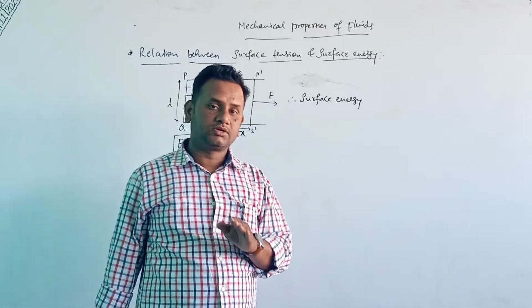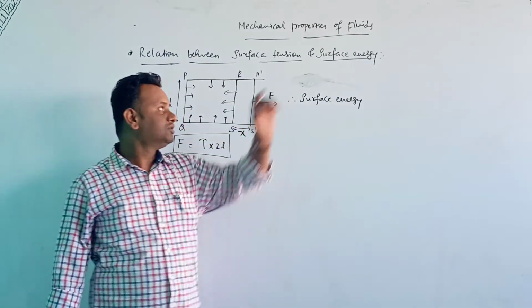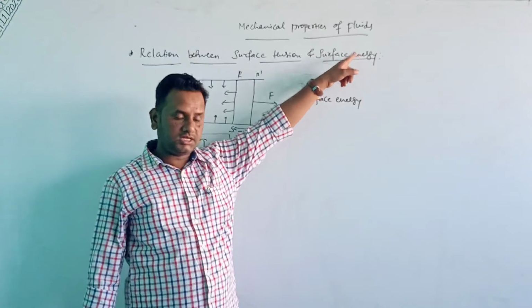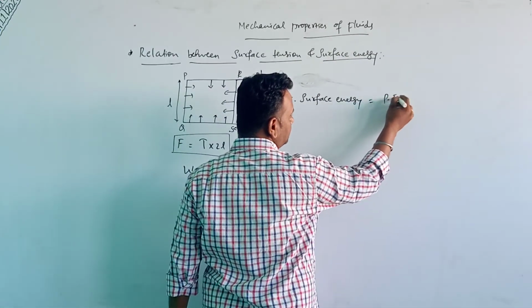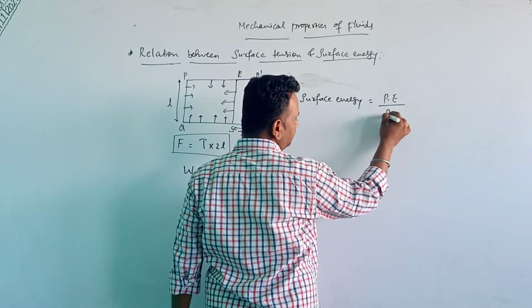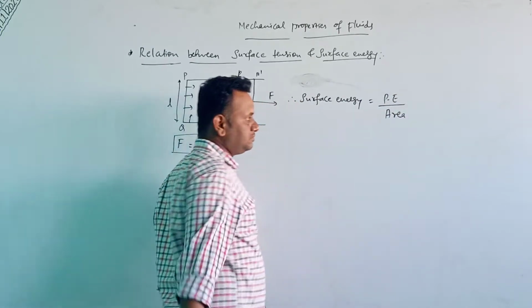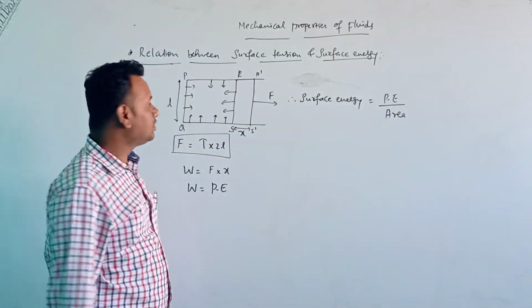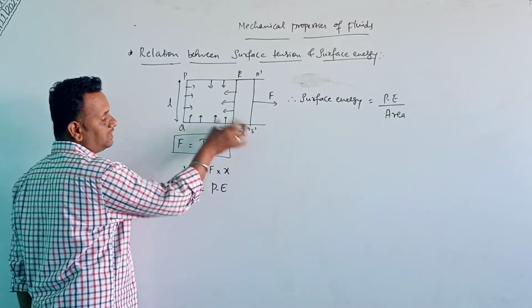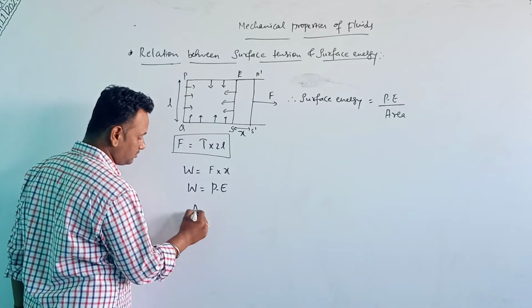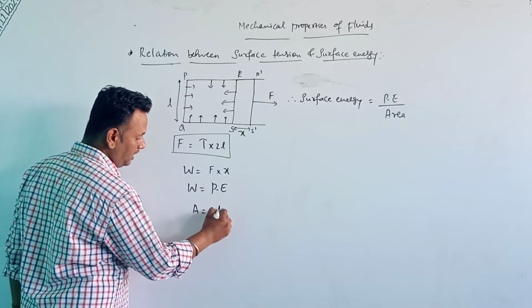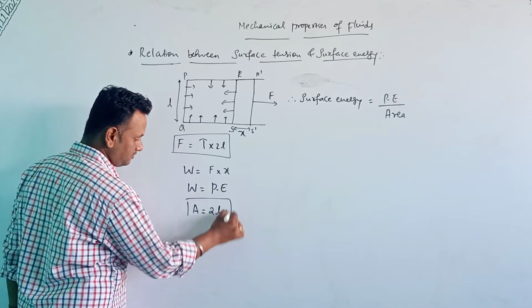Therefore, as per the definition, surface energy is the potential energy of surface molecules per unit area. So surface energy is equal to the potential energy divided by area. Now the area covered is 2L into x.